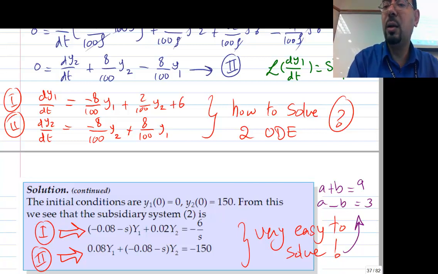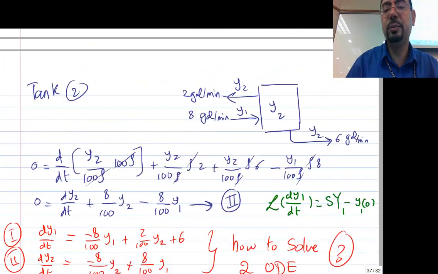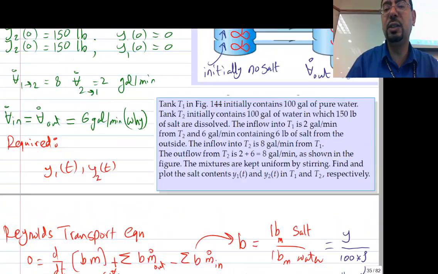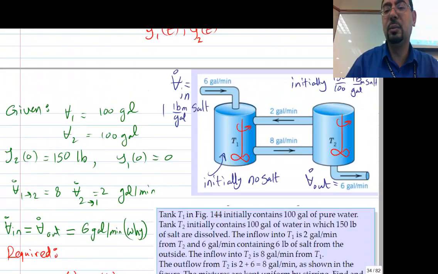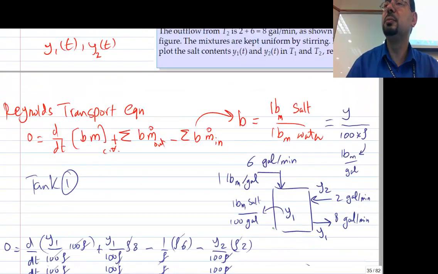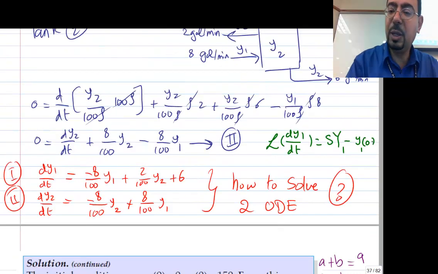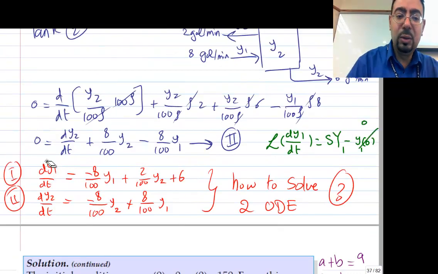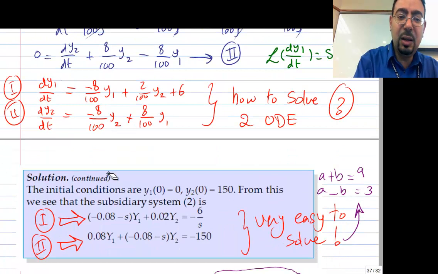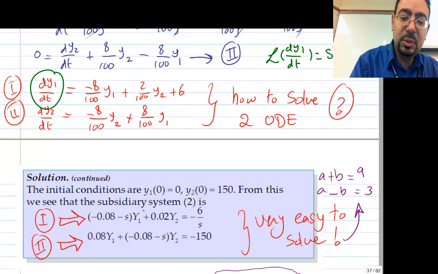Minus small y1 of 0. What's y1 of 0? That's the concentration in the first tank initially. Initially y1 of 0 is 0. So this becomes just 0. So simply this term becomes this term.